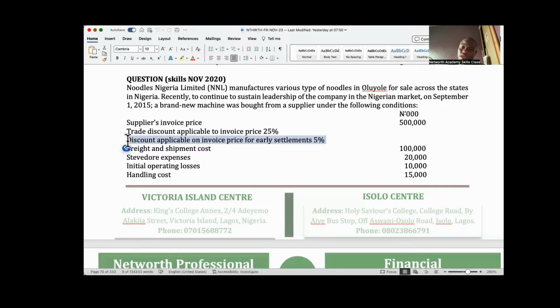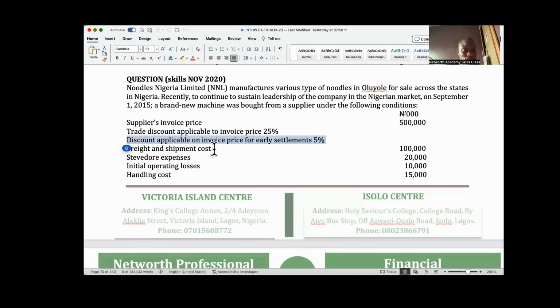Early settlement discount, just ignore for the purpose of determining machine cost or cost of an asset. It should be ignored because you are not getting it right now. Even when you eventually get it, it's an income to you. It's just a reduction in your liability. It's a discount received, so ignore it.